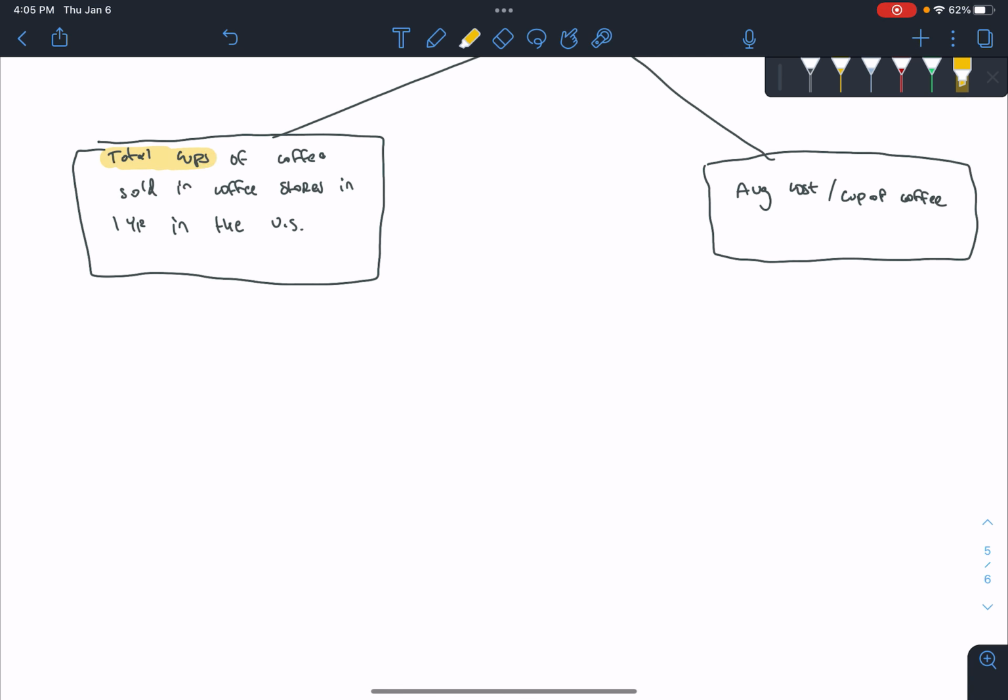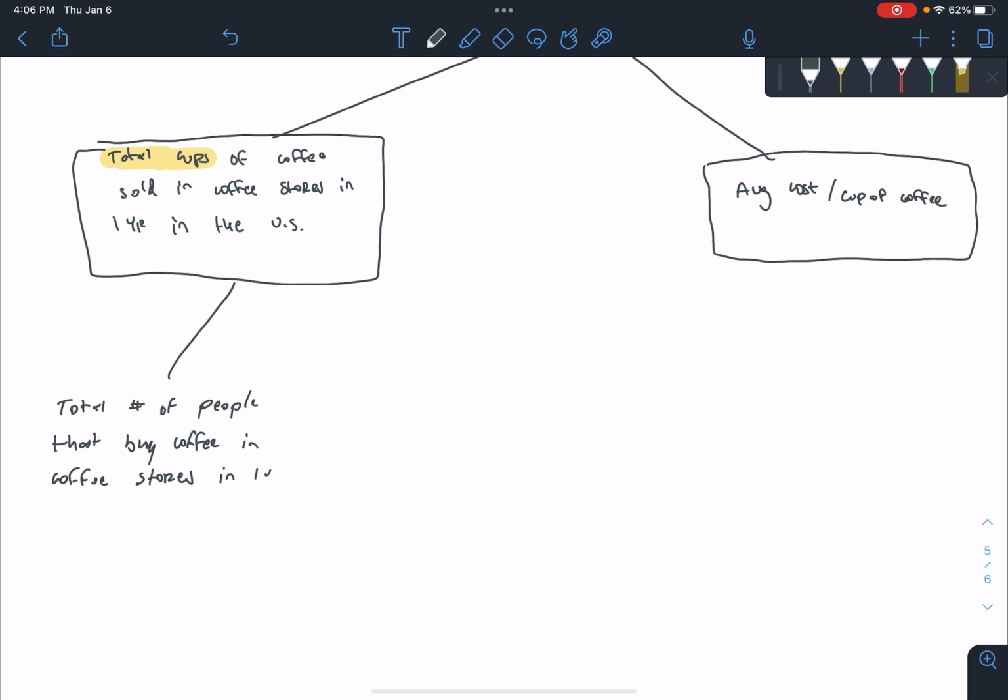So total cups. And I can break this down into the total number of people that buy coffee in coffee stores. So now we're just using the wording again.